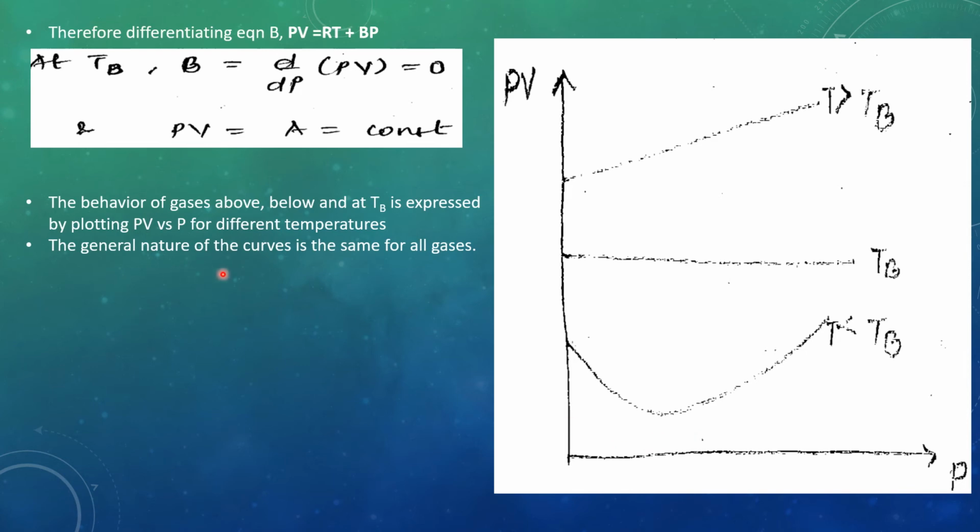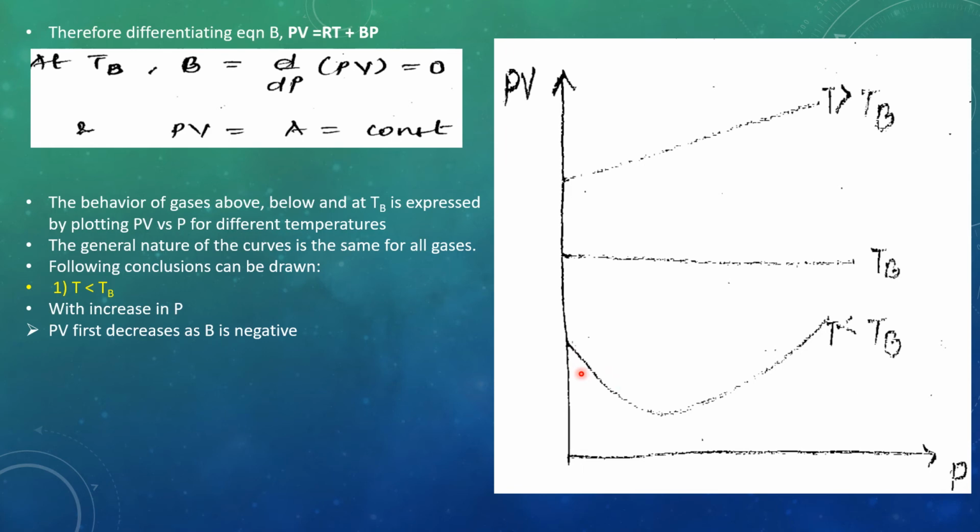The general nature of the curves is the same for all the gases. So the following conclusions can be made. For a temperature less than T_B, with increase in P, that is this curve, PV first decreases as B is negative.